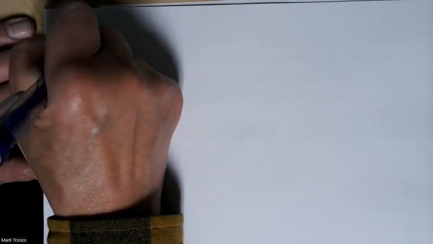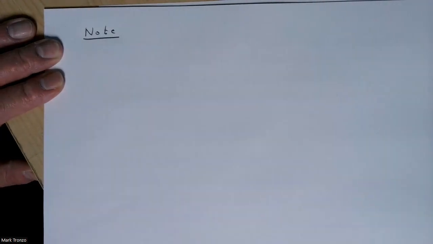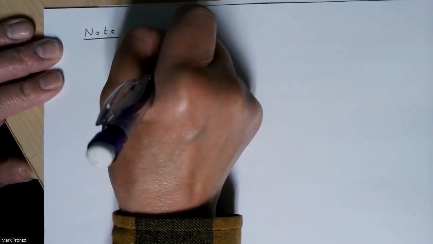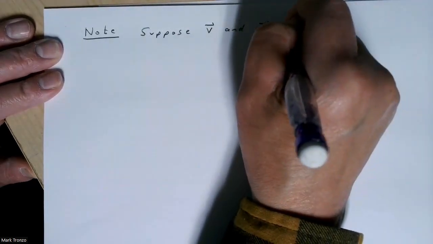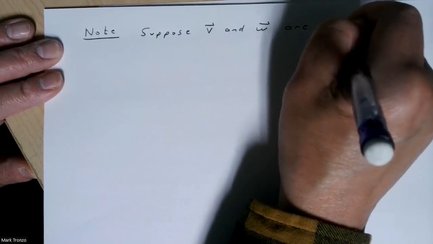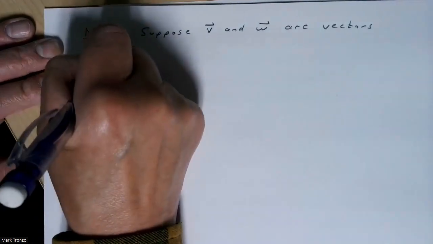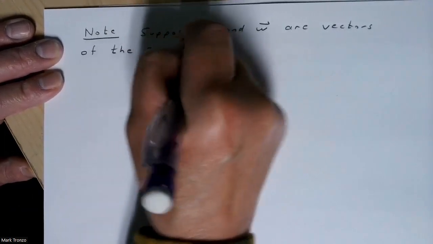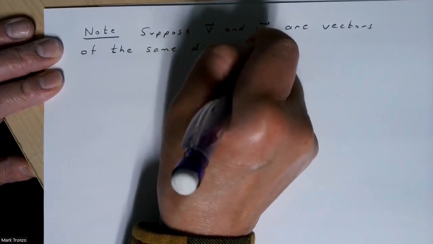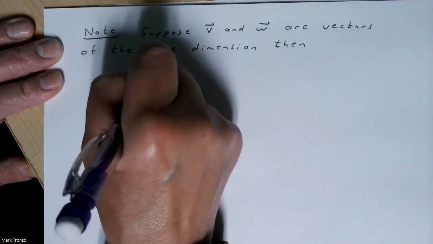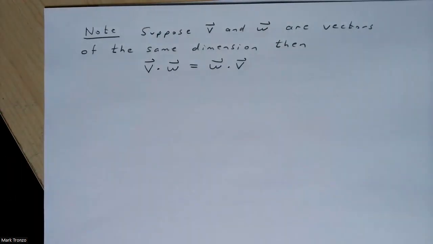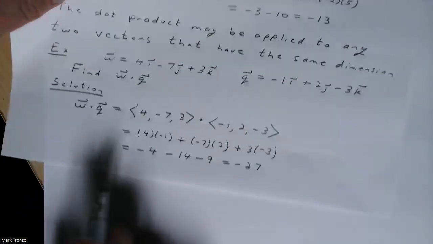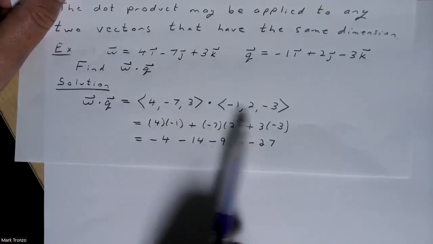One final thing to note: if two vectors are the same dimension, let's say, once again, V and W, just as a general case, then V dot W is going to be the same as W dot V. Because all we're doing, if you look back at one of our earlier examples, is taking corresponding components and multiplying them.